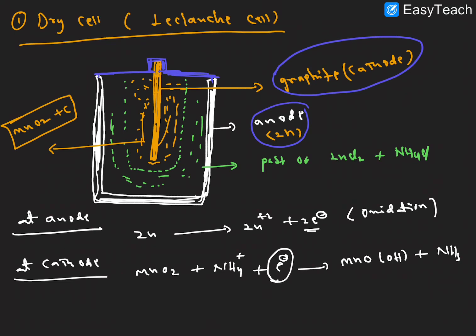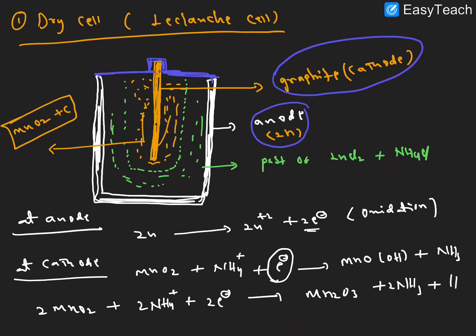For two electrons gained, what is the product? Two moles of MnO2 plus 2 moles of ammonium ion plus 2 electrons form Mn2O3 plus 2 moles of ammonia gas plus H2O.